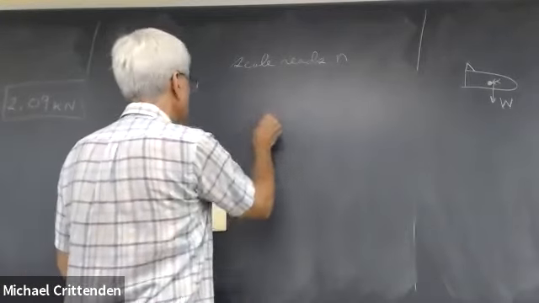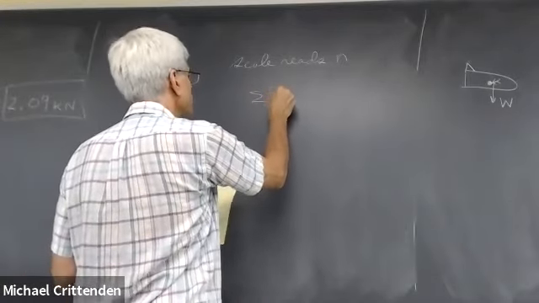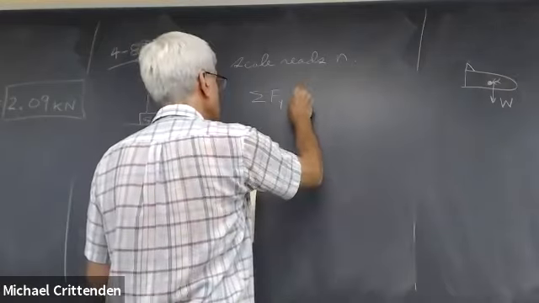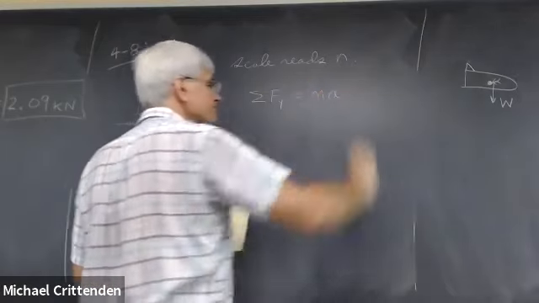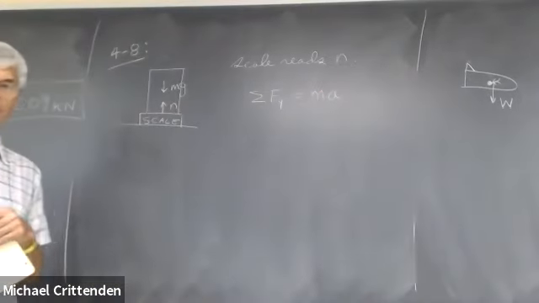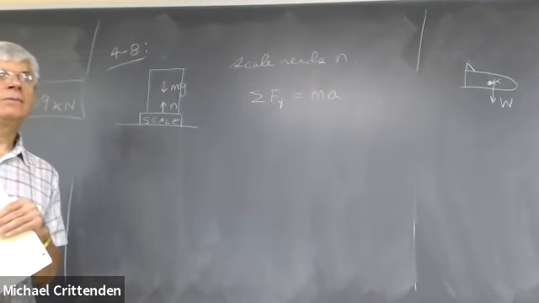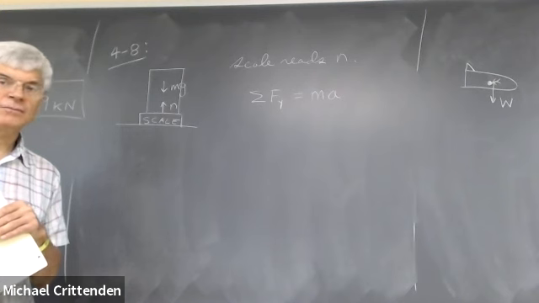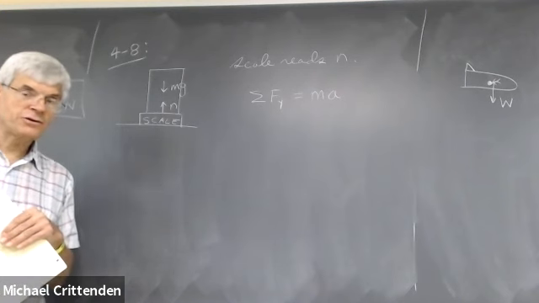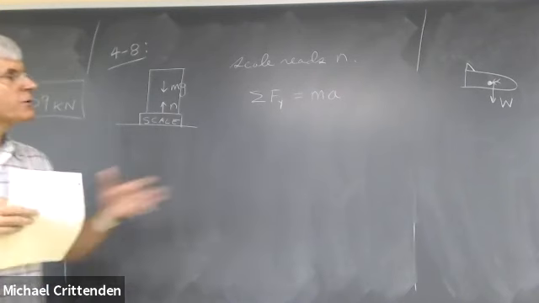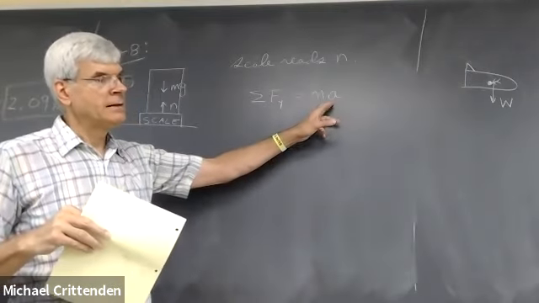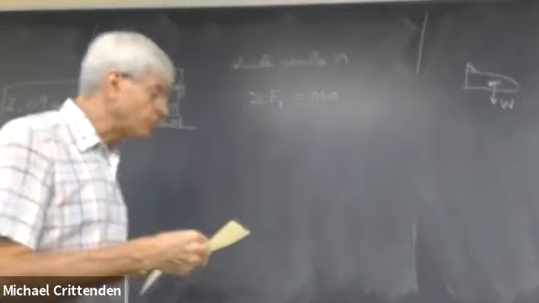So what's the normal force? Summation of the forces in the y direction is equal to ma. Standing on the Earth, you're not really in equilibrium. I mean, you are to some sort of approximation, but if you take the rotation of the Earth into account, you're actually accelerating a little bit, unless you're standing on one of the poles.